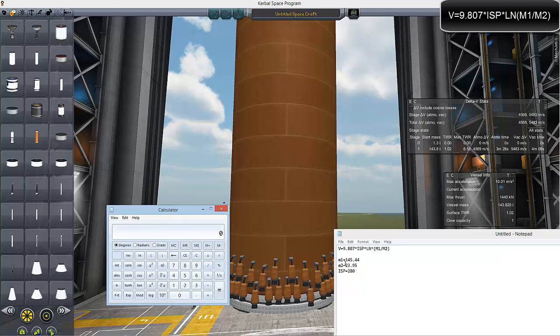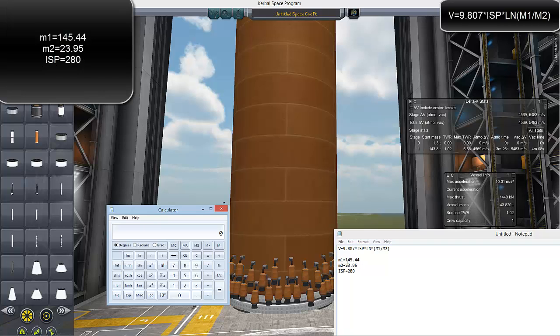So here M1 equals completely with the fuel and everything, which is 145.44, and without the fuel we got 23.95, so the entire weight's almost all fuel.